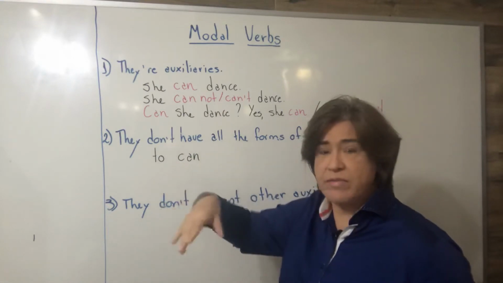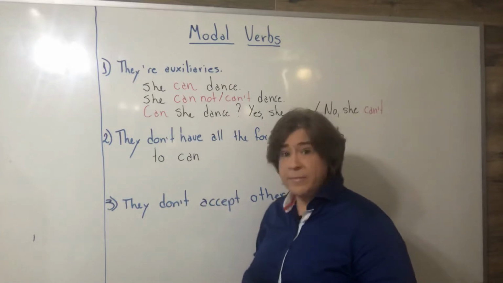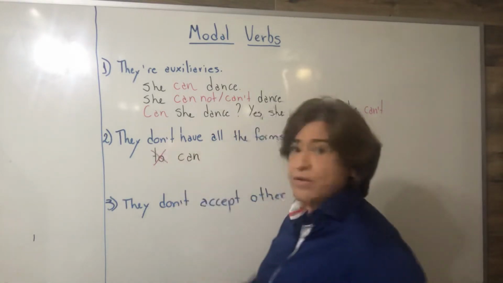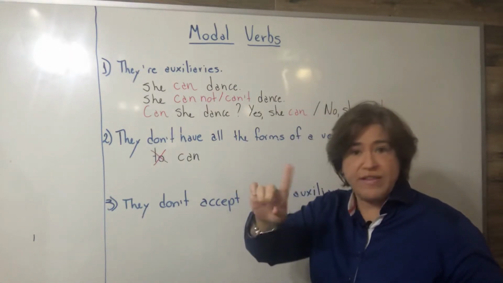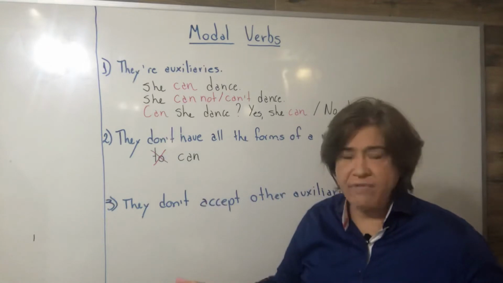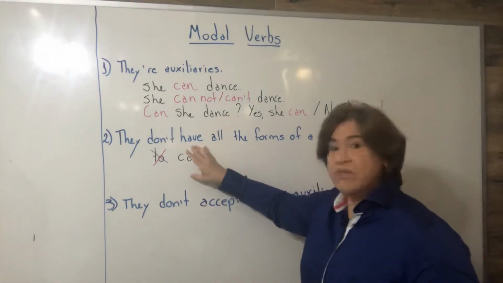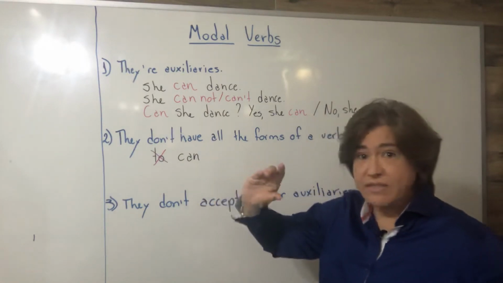Because all the modal verbs have different possibilities. So in the case of can, never to. So the modal verb can has no infinitive form. It's not possible. Okay. So can has only the present form, but this is not infinitive, it's a present form.